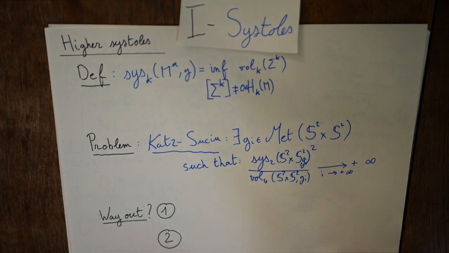So we can find metrics of fixed volume, but whose systole is as big as we want.